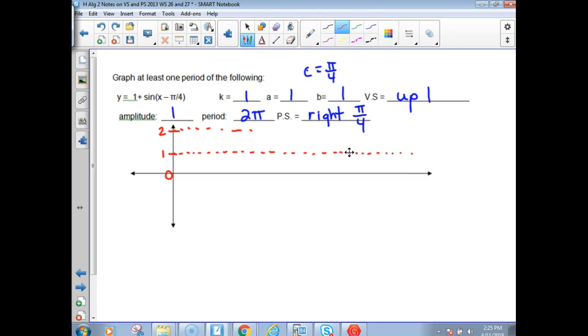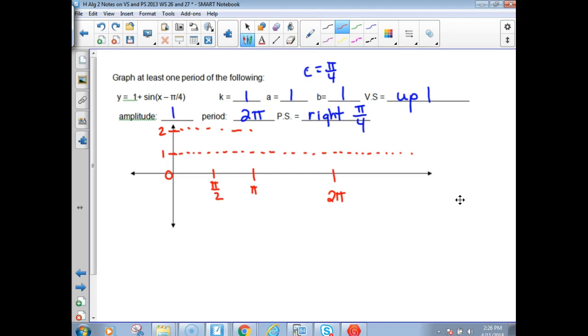I realize I'm shifting right, so I'm not going to go all the way to the end here with my period of 2 pi. I'll go here. Half of 2 pi would be pi. Half of pi would be pi over 2.